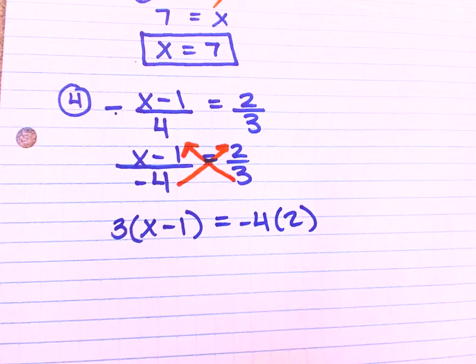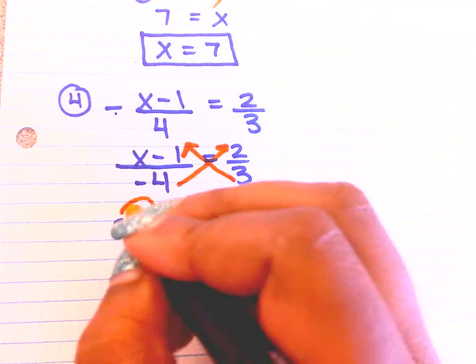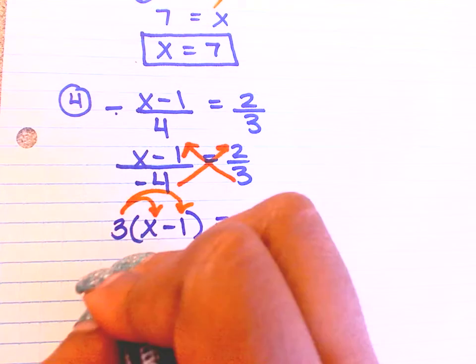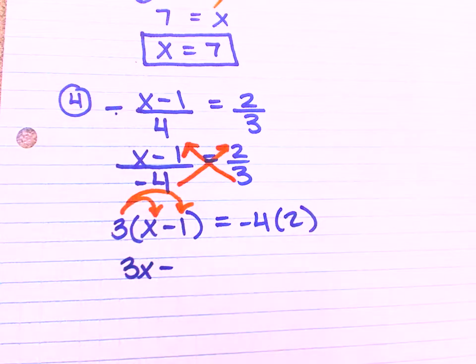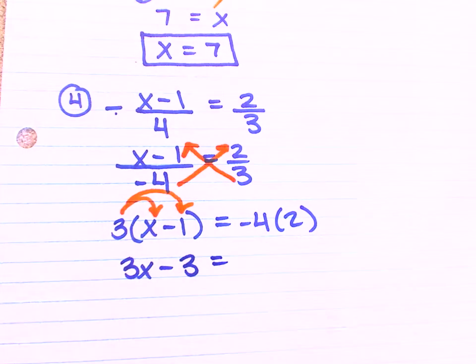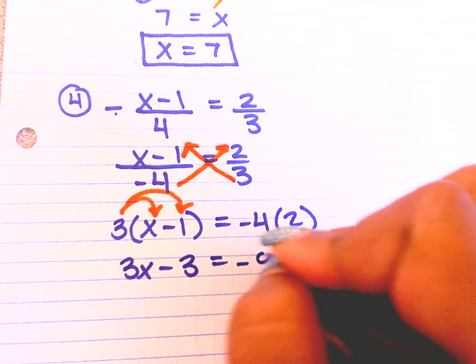So then I need to simplify each side, which means I see that I need to distribute over here. 3 times x is 3x minus 3 times 1 is 3. So we distributed. And then negative 4 times 2 is a negative 8.